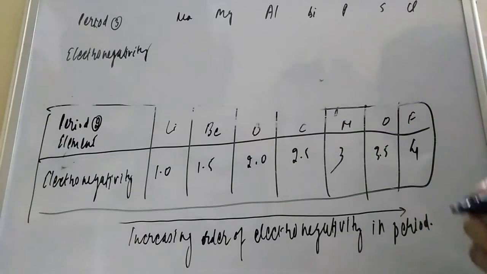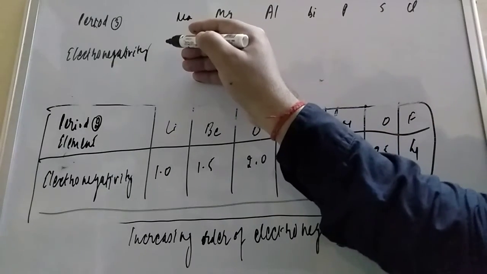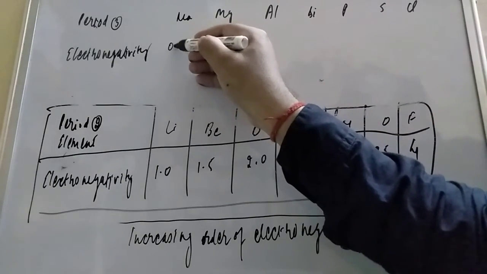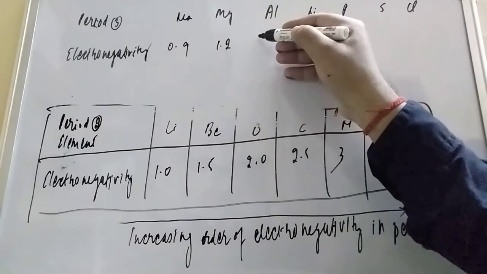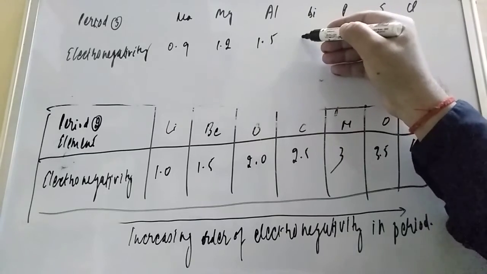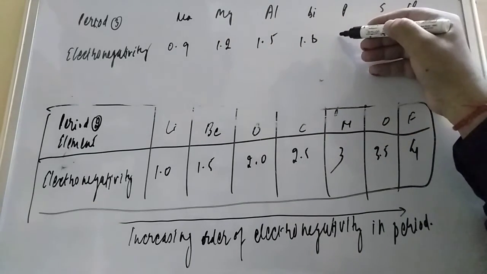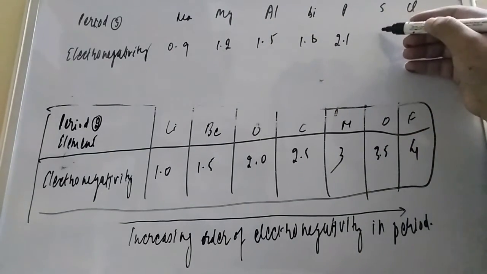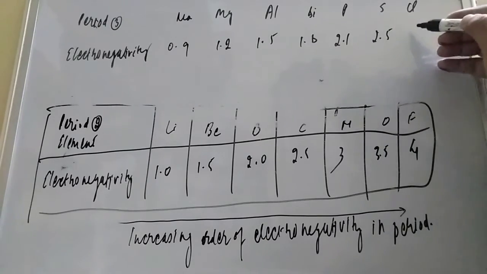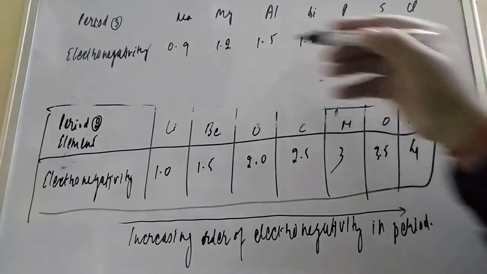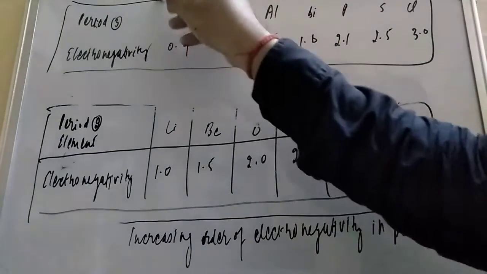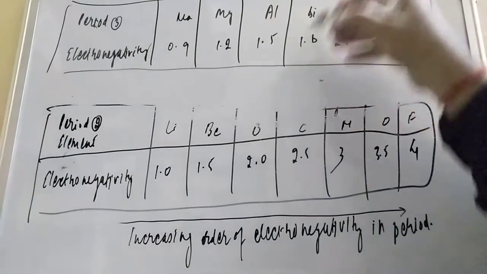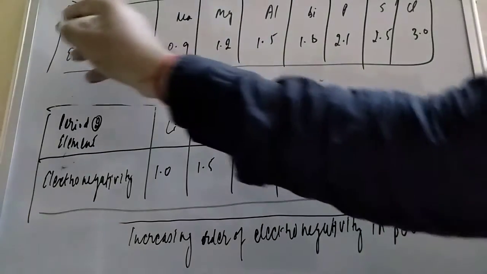When you talk about electronegativity, here it is 0.9, then 1.2, 1.5, silicon is 1.8, phosphorus is 2.1, sulfur is 2.5, and chlorine is 3. Dear friend, you see period number 3 and check with the data.